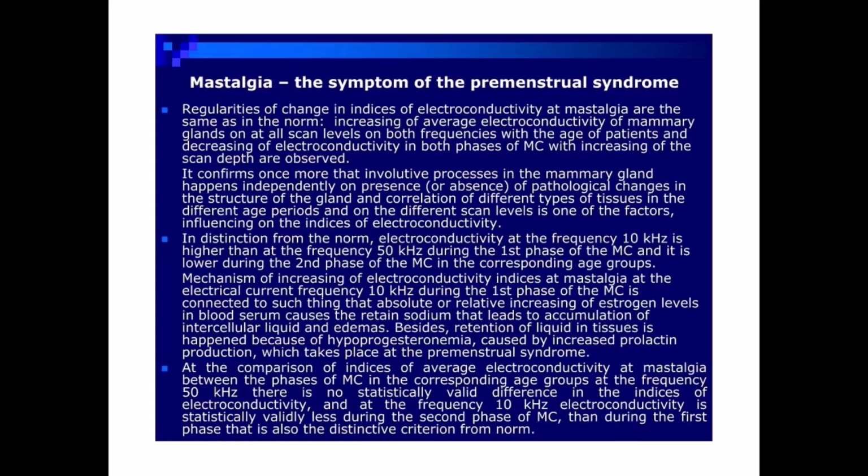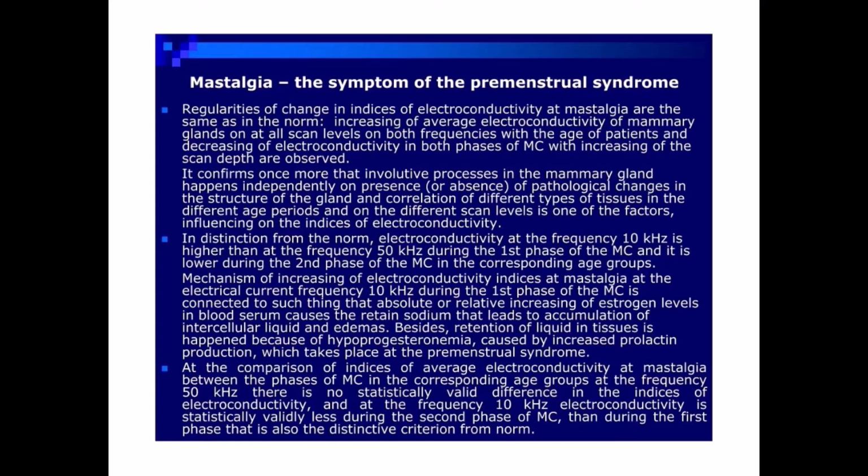Mastalgia, the symptom of the premenstrual syndrome. Regularities of change in indices of electroconductivity at mastalgia are the same as in the norm: increasing of average electroconductivity of mammary glands at all scan levels on both frequencies with the age of patients, and decreasing of electroconductivity in both phases of the MC with increasing scan depth are observed.